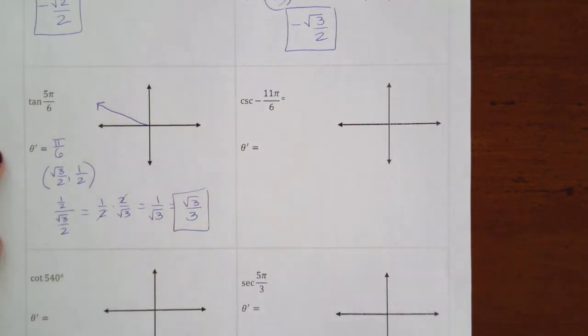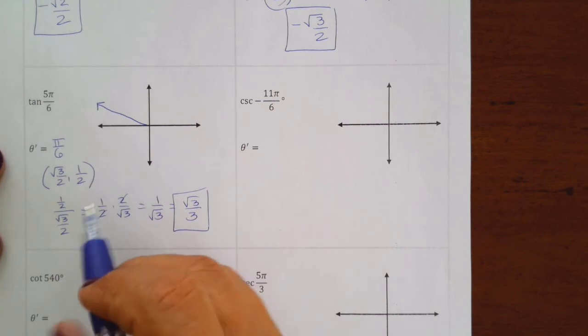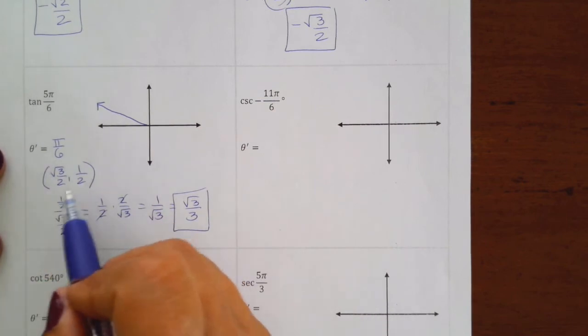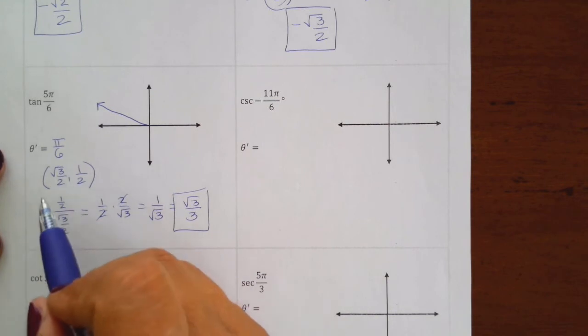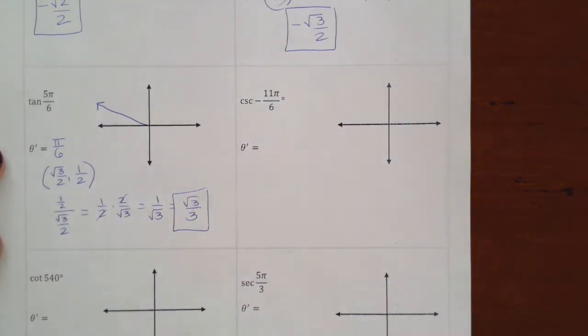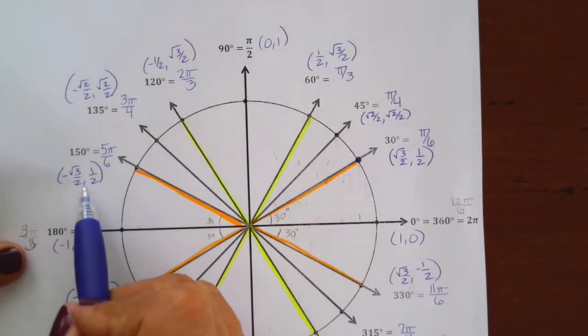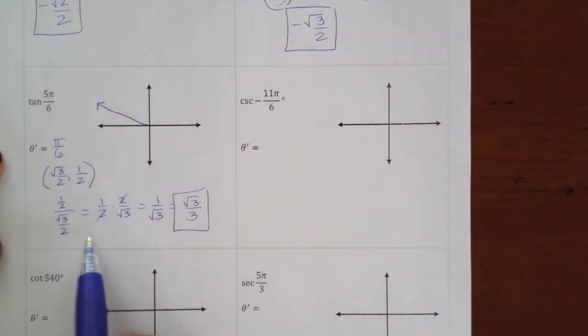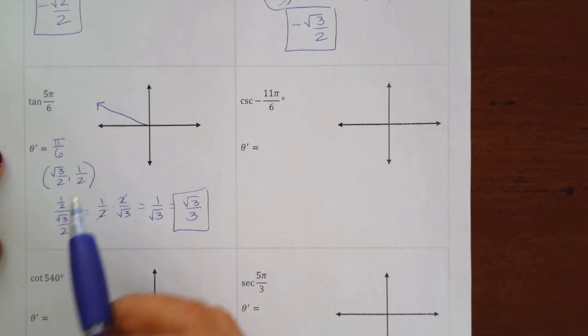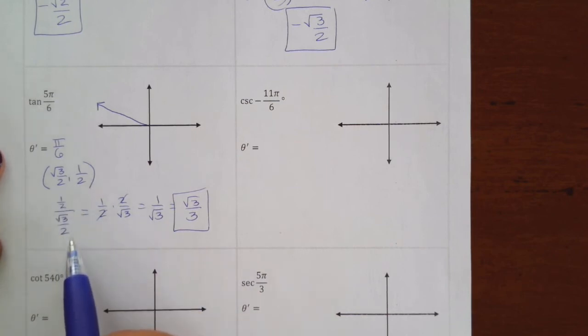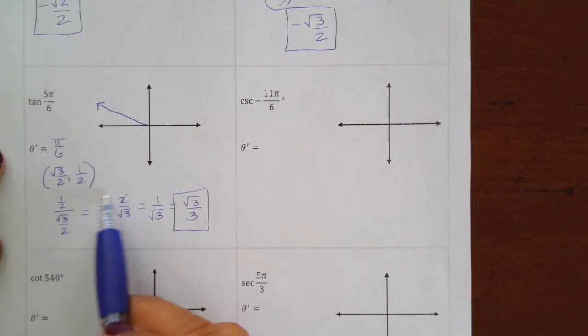Okay. Now I'm going to give you a little trick on tangents. Anytime you divide on the unit circle, all your denominators are 2. Right? Notice everything on the unit circle, every ordered pair has a denominator of 2. So when you start dividing, you don't really have to go through this, because if you're always dividing with a denominator of 2, when you flip and multiply, those 2's are always going to cancel out.